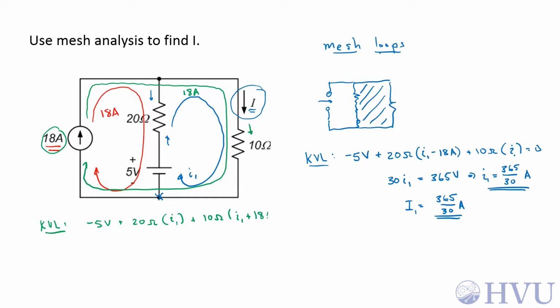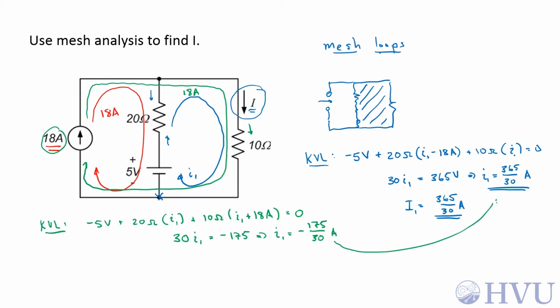So that's I1 plus 18 amps. That brings us back to our starting point. That's 0. 10 times 18 is 180 minus 5 is 175, so the algebra makes this 30 I1 equal to negative 175. So now my mesh current I1 is negative 175 over 30 amps.